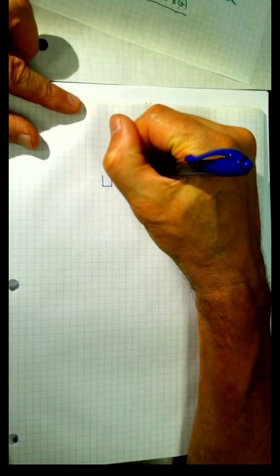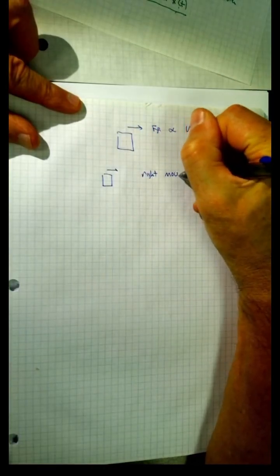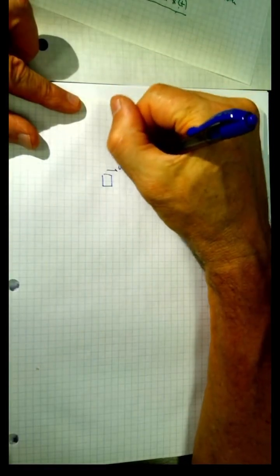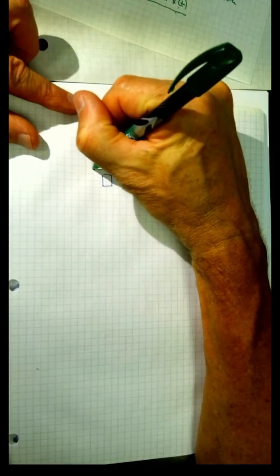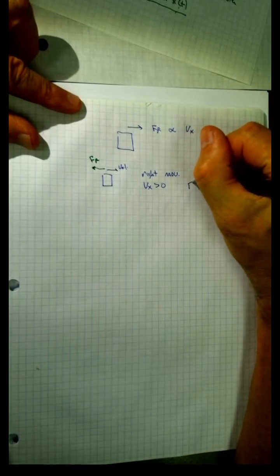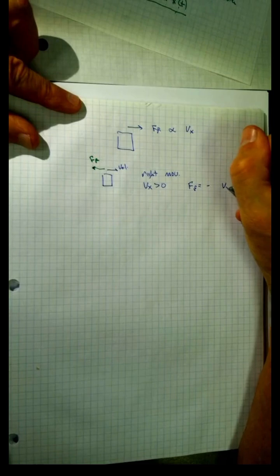So if the mass is moving to the right, that means the velocity is positive, but the force due to friction is going to be in the opposite direction. So that means then that the force due to the friction is going to be negative the velocity, because it's proportional, it's going to be times some minus b.